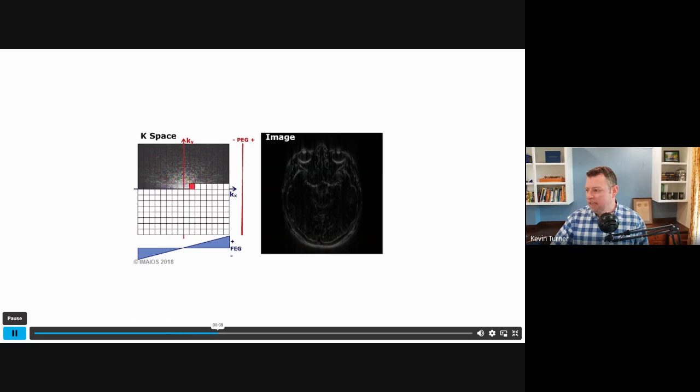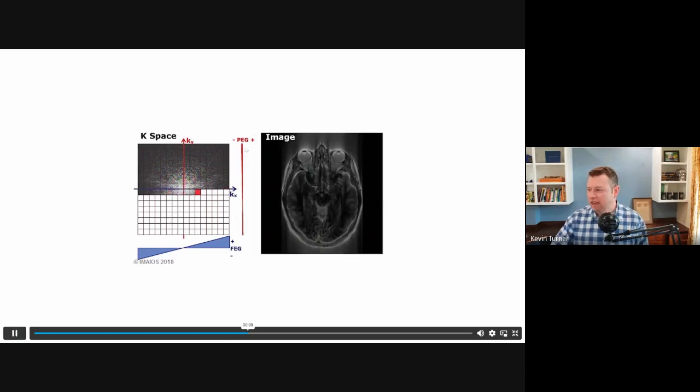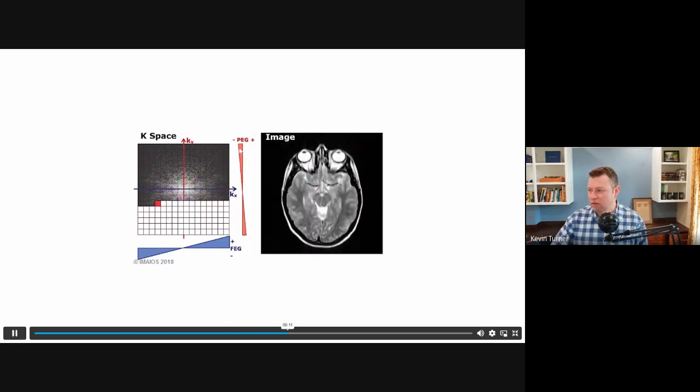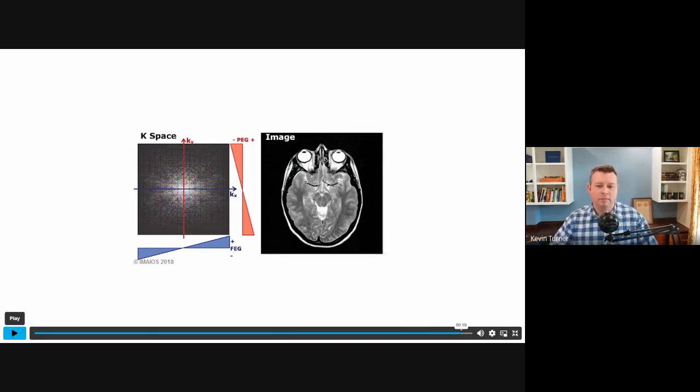We get to the middle of K-space and the gradient is basically completely turned off. But now we need to fill the negative end of K-space. So the phase encoding gradient continues to change with every single echo going into the negative direction. So the phase encoding gradient is changing its strength every time we collect a new echo to fill up a different line of K-space, right?